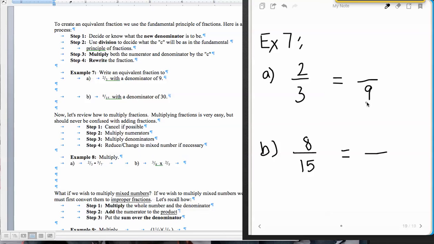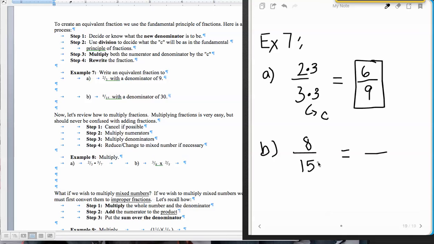Or another way of asking that, 9 divided by 3 is equal to what? So that what is a 3. So 3 times 3 is equal to 9. That right there is our c. So what we do to the bottom, we do to the top. And yes, I do want you to write it that way. 2 times 3 is equal to 6. And now we have our equivalent form. We have built the higher term.